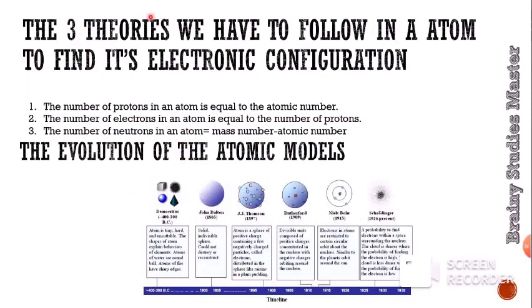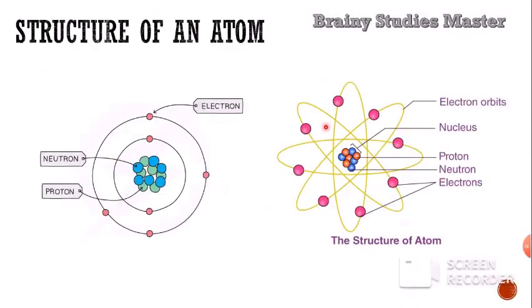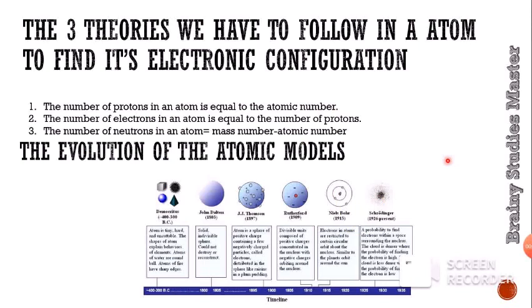In Democritus' model, he said that the atom is tiny, hard and uncuttable. The shape of the atom explains behaviors of matter. Atoms of water are round balls, and atoms of fire have sharp teeth. He had ideas like that.